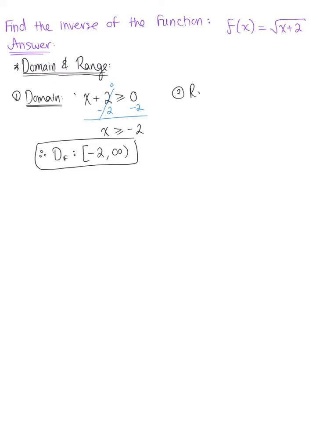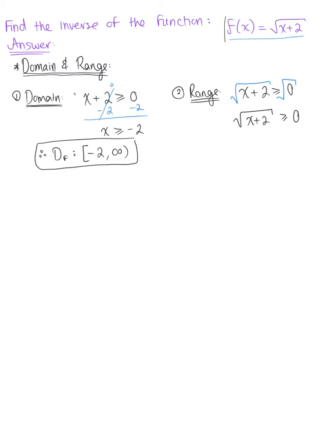So now to find the range of the function, the range of the square root, we start with the fact that we know the radicand, or the inside, must be greater than or equal to 0, and we want to build up to the given function here, f of x. To do that, we first take the square root of both sides of the expression, which leaves us with the square root of x plus 2 must be greater than or equal to the square root of 0, which is just 0.